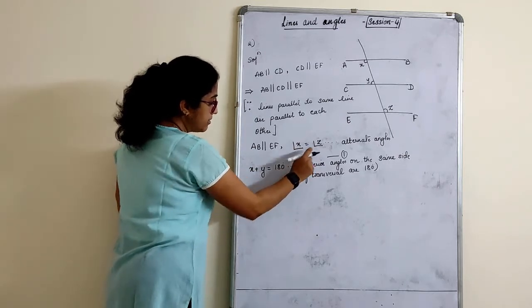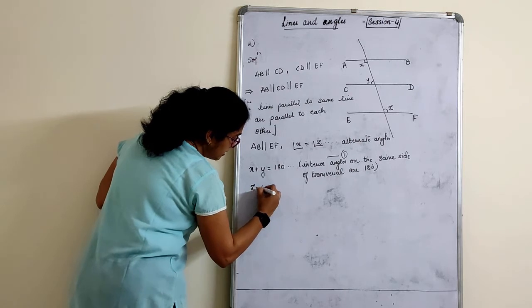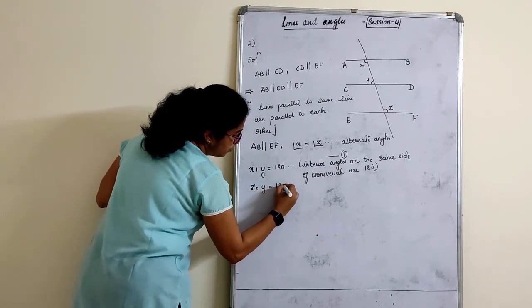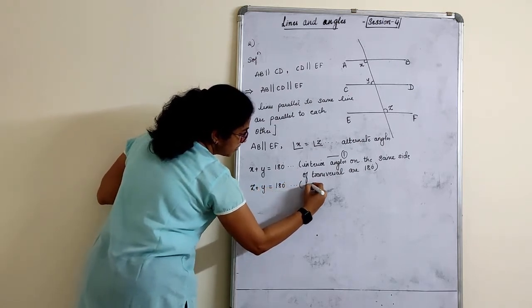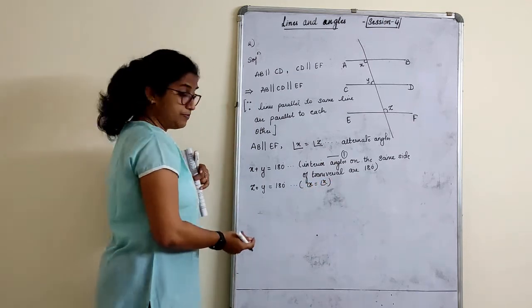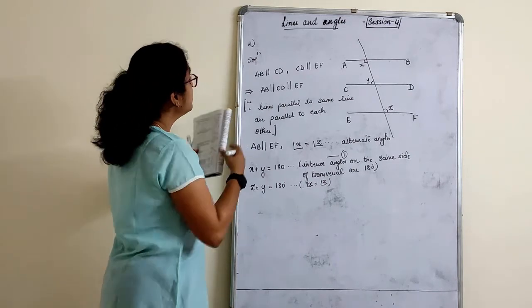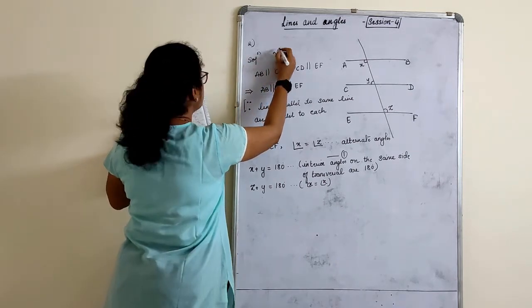But angle x is equal to z. Instead of x I will use z. z plus y is equal to 180. Reason, angle x is equal to angle z, right? Given that, one more thing I did not write here.